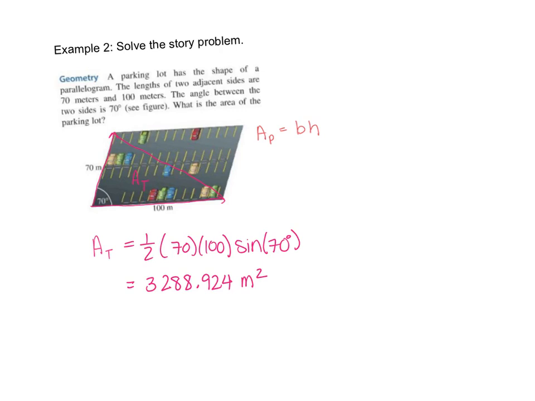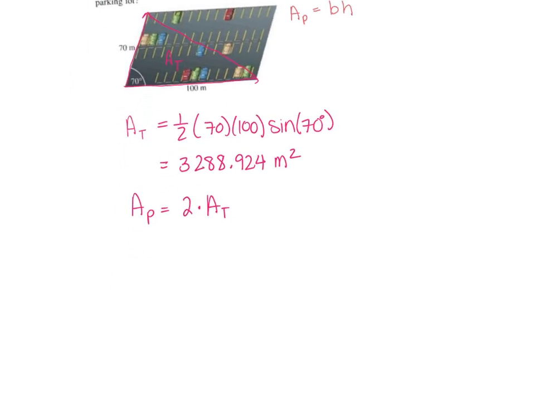So all I have to do is multiply this number by 2, because that way I can get this half and this half. So if I want to find the area of the parallelogram, it's really just 2 times the area of the triangle.